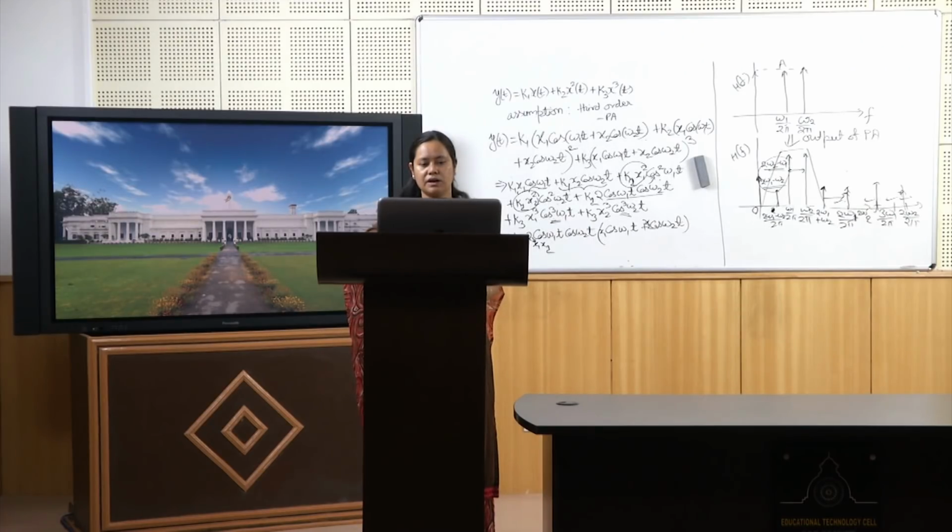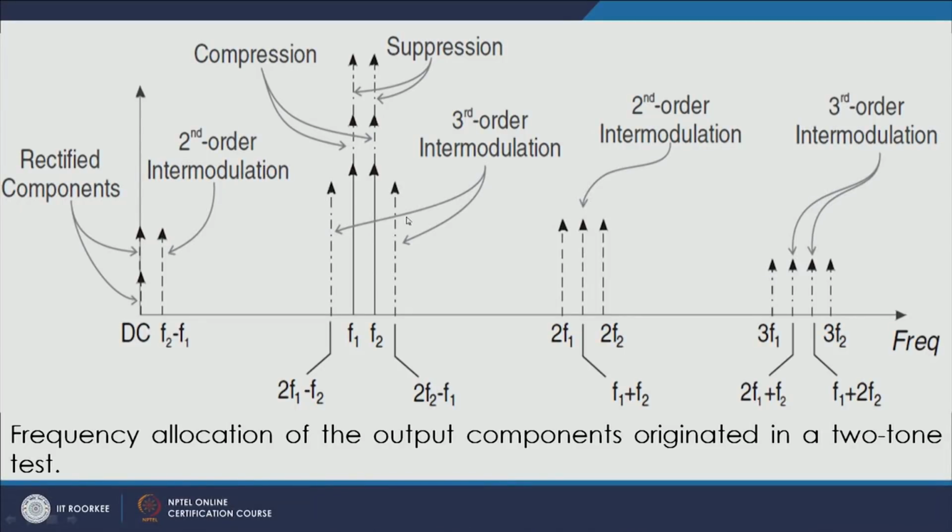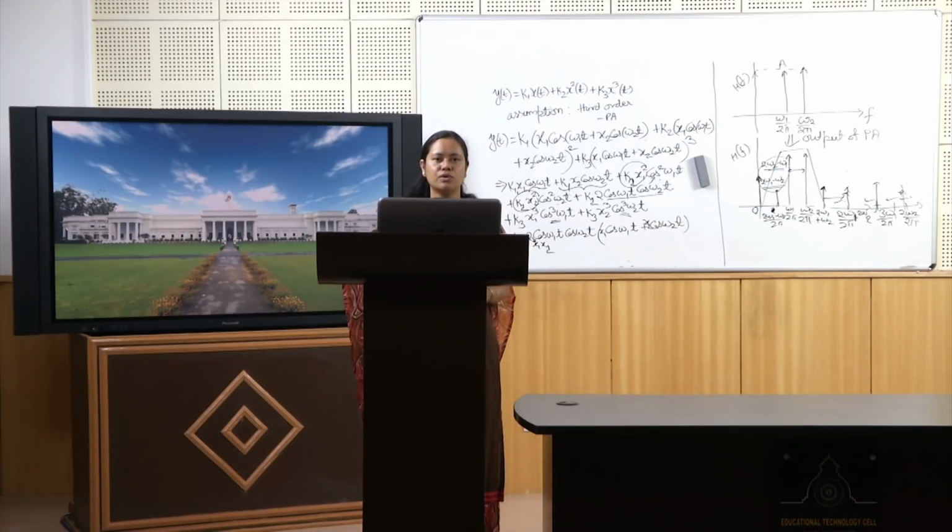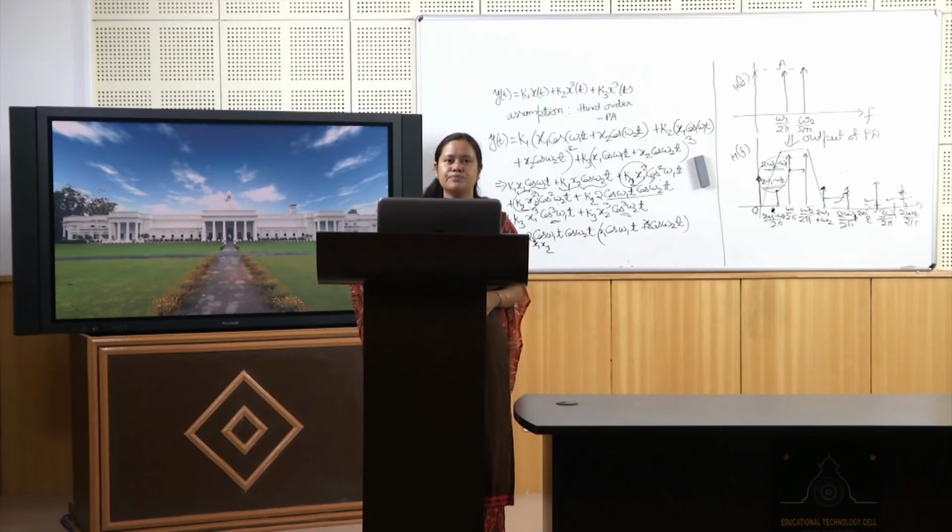So, as I was saying, if you put a filter here, these components can be easily filtered. Normally, whenever you hear about power amplifier nonlinearity, people are mostly talking about third order intermodulation and not much about other kinds, because they are much farther away.